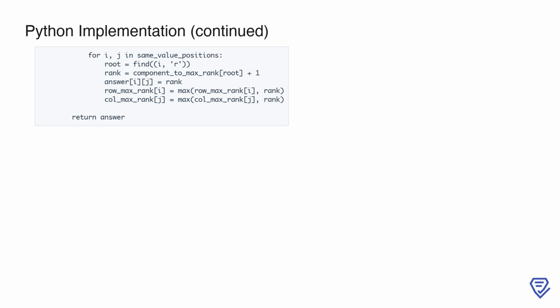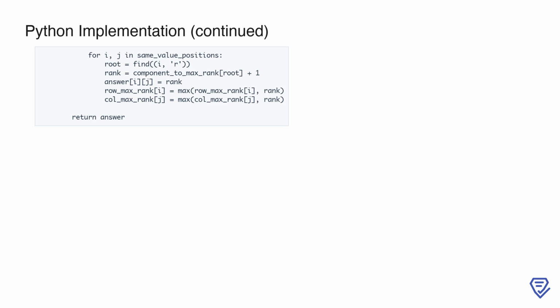This rank is then stored in the answer matrix at the corresponding position. Simultaneously, we update the row_max_rank and col_max_rank for the current row and column to reflect the newly assigned rank. This ensures that subsequent ranks in the same row or column are calculated correctly.